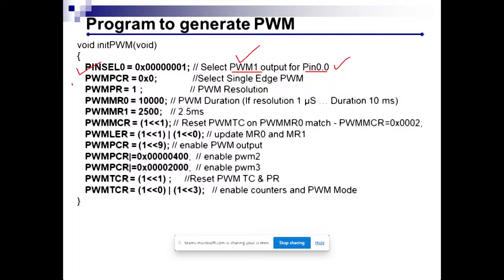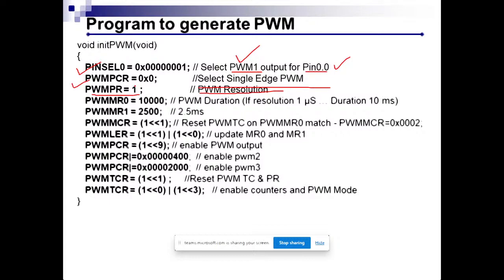PWM PCR equal to 0 will select the single edge PWM, right? PWM PR equal to 1 means the prescaler we are setting to 1, so it will decide the PWM resolution, right? If you want to increase the PWM step, we can set this value to, let's say, 100 or 1000, or whatever prescaler you require.